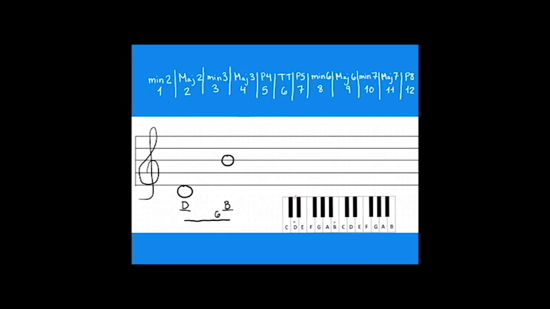So 1, 2, 3, 4, 5, 6, 7, 8, 9. 9 half steps. And so then we're going to take a look at our chart up here and find the number 9. And 9 half steps means that this is a major sixth.